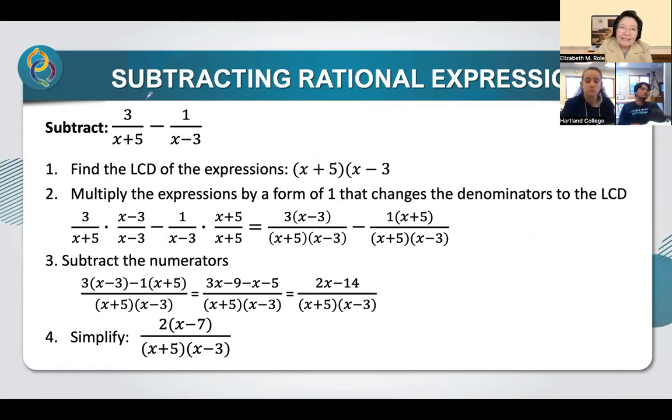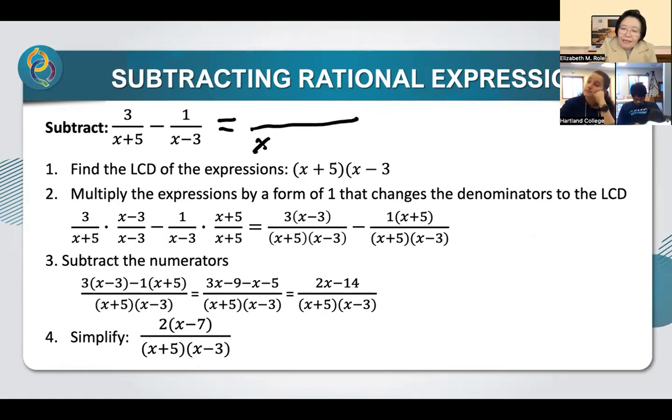Now just the same here. They are x plus 5 and x minus 3. They are already different factors. So the common denominator is x plus 5 times x minus 3. So skipping this number 2 and 3, we can do that directly. So what do I do?